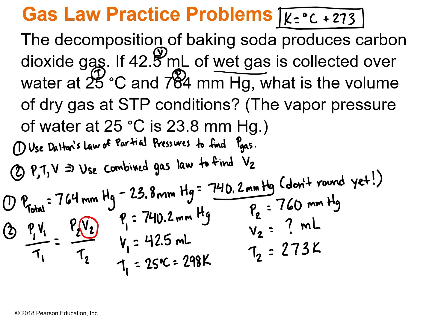Now we've got to rearrange and solve for V2, which first what you need to do is cross multiply. Then we solve for V2 by dividing by P2 times T1.